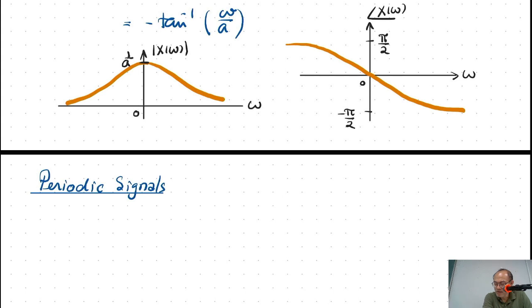The reason is that a periodic signal doesn't converge to zero. Because periodic signals do not converge to zero, the Fourier transform integral will not exist.